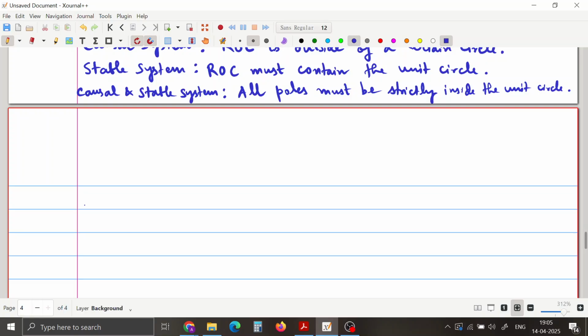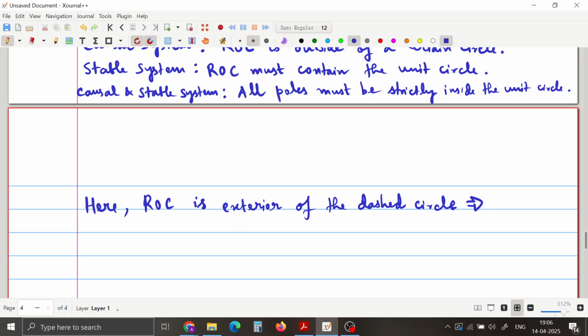So the first observation is that here the ROC is exterior of the dashed circle, which means the system is causal first of all.